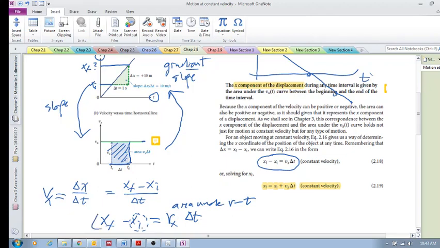What we're trying to say here is that the change in position is equal to the area under the curve. How I move from initial position to final position is the area under the curve. So that change from x initial to x final is equal to this area under the curve. Okay, I hope I didn't confuse you too much. See you in the next video.